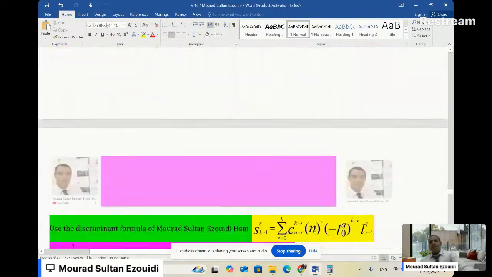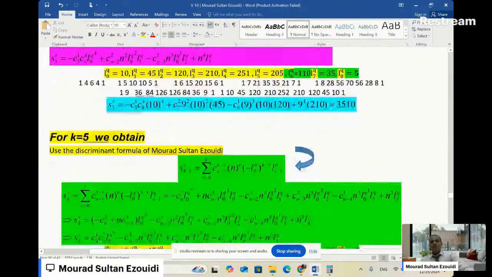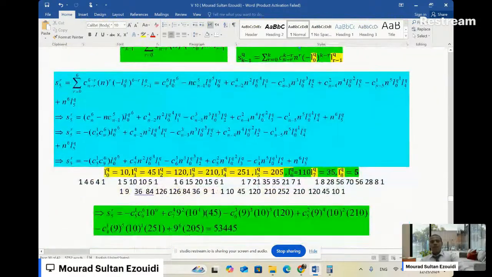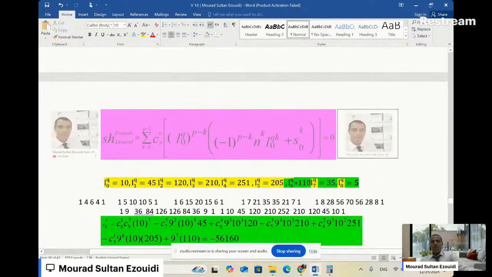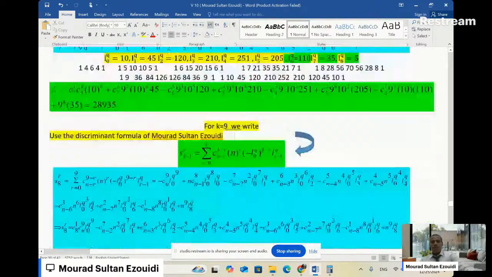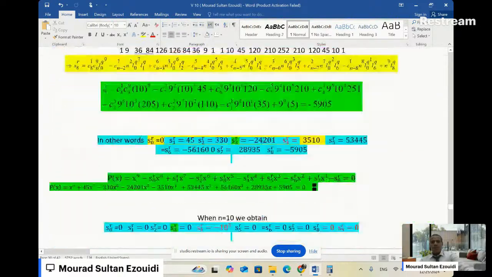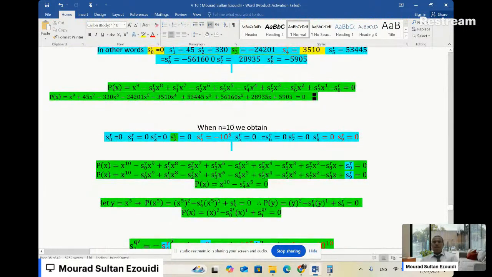Now, in order to be convinced of where we got the roots, it's very easy. You see here, for a nine-degree equation, all the coefficients are definitely 0, except a0, because the sum of the xk is equal to 0, and we solve this.